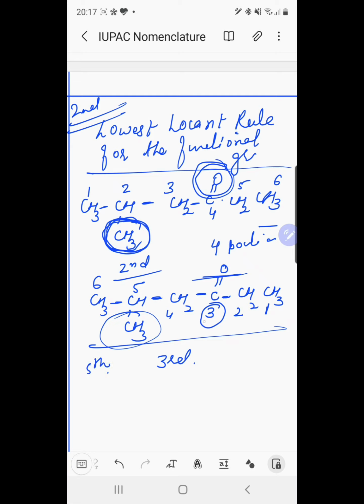So we give preference to the functional group so that it gets the lowest number as compared to the substituent. This is the correct method and the upper one is the incorrect method. So the second rule is the lowest locant rule for the functional group: number the parent chain in such a way that the functional group gets the lowest locant even if it violates the lowest set of locants rule for substituents. We don't care whether the substituents get the lowest locant position.